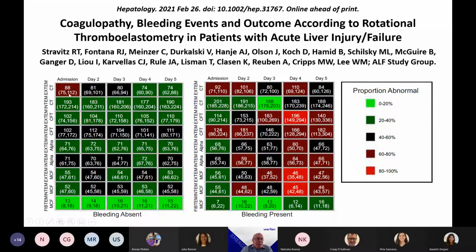You see at admission, that's the left column, it starts quite normal, and over time there's no significant deterioration. In the patients who develop bleeding problems, even at admission there is still quite a lot of green, but already at day 2, and then it gets worse and worse, there are significant changes.